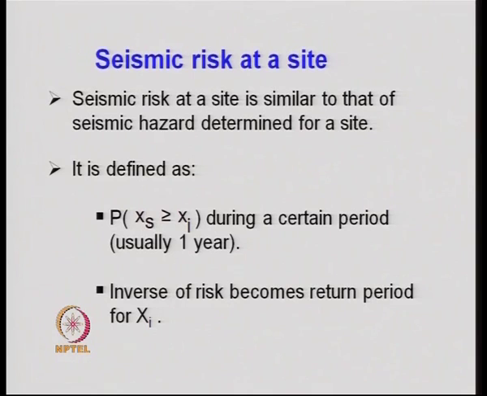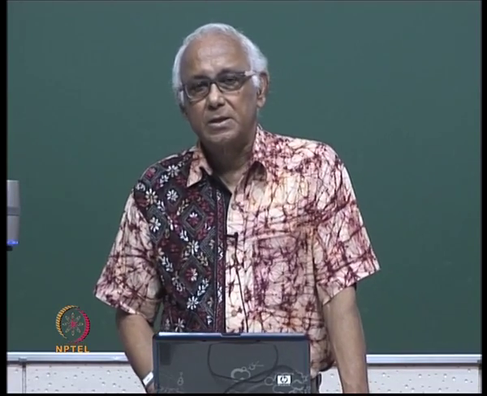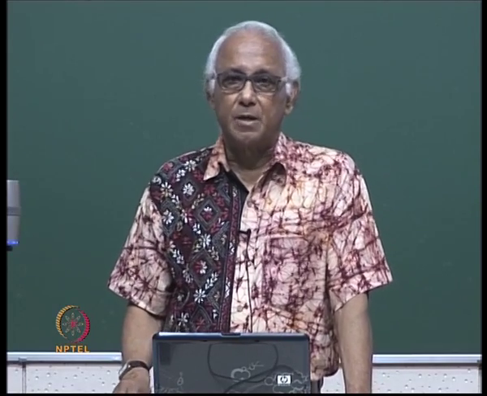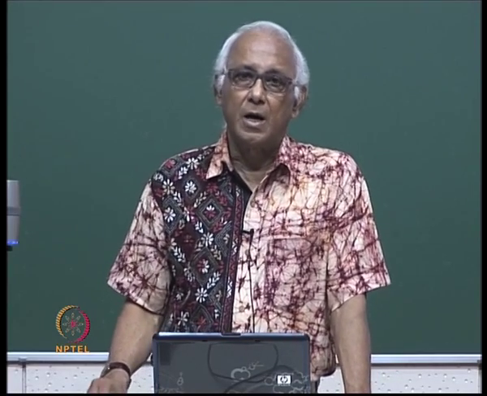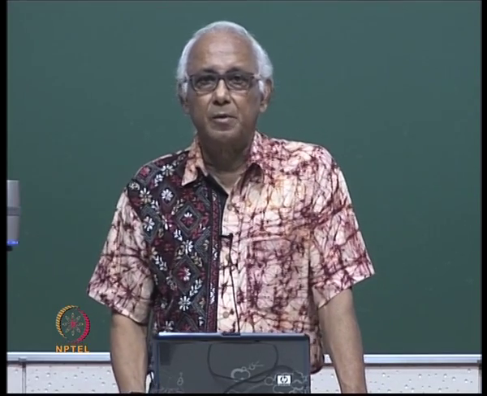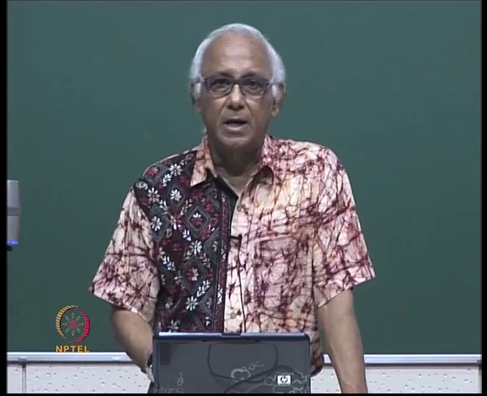Based on that, one can assess the seismic risk for a site, and one can also bring the period into the picture. That is, one can say what is the probability of exceedance of a certain level of earthquake measurement parameter, say peak ground acceleration, in 50 years or 100 years. So, in that case, the previous example that you have done would be useful.